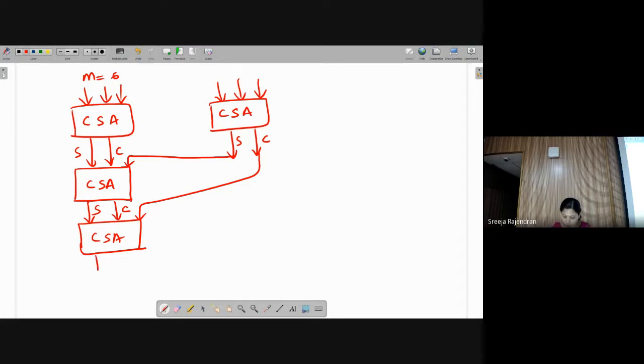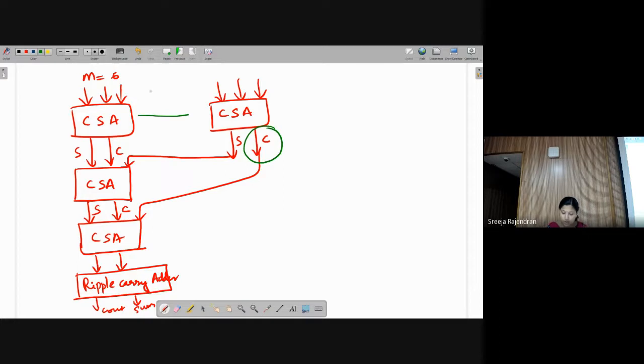So now I need to finally get the answer. So I have a ripple carry adder. So I have C out and sum. What we have to observe here is that the carry generated here is used in a subsequent stage.